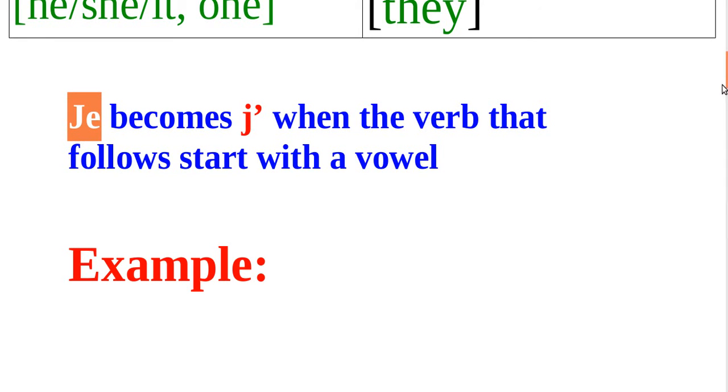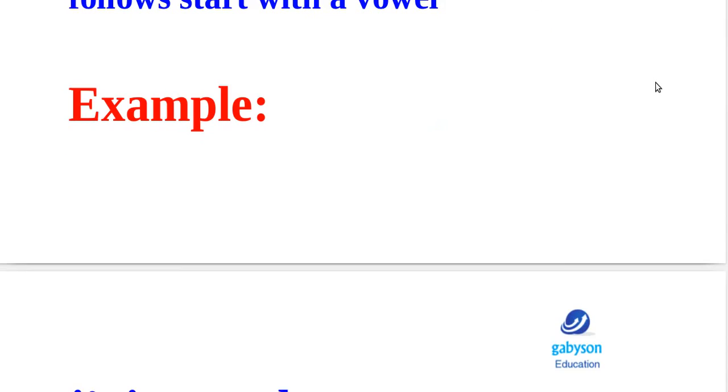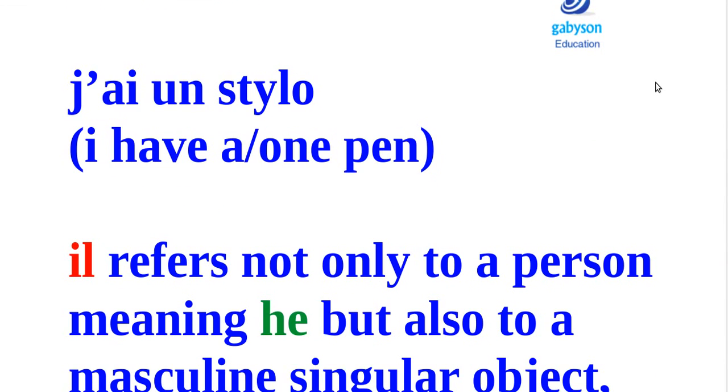The next one is an example. We have j'ai un stylo, which means I have a pen or I have one pen, depending on the context.